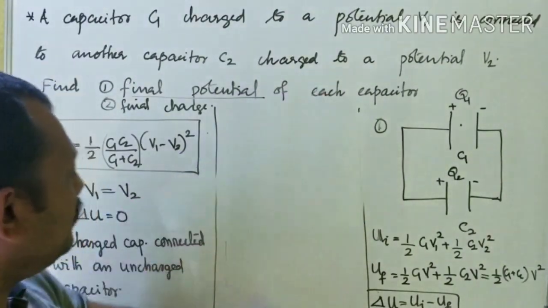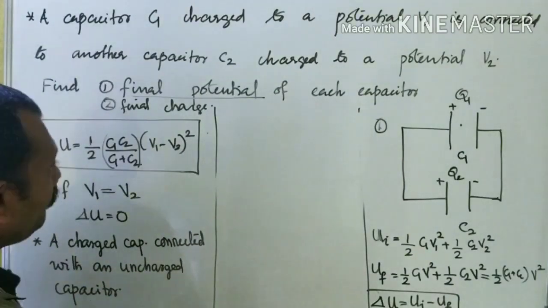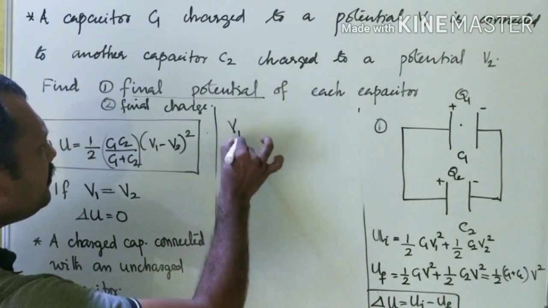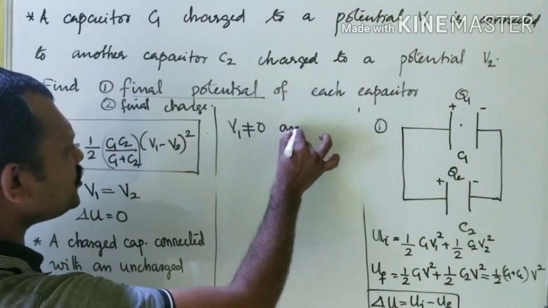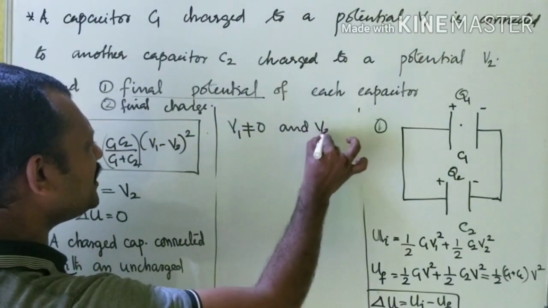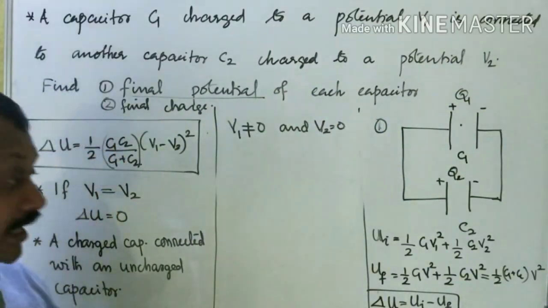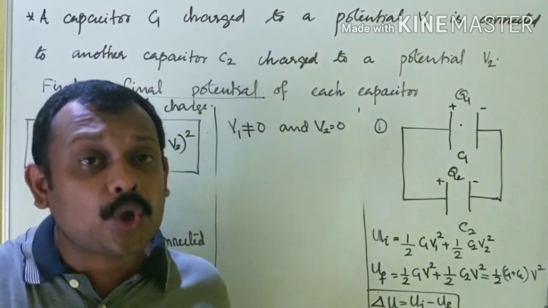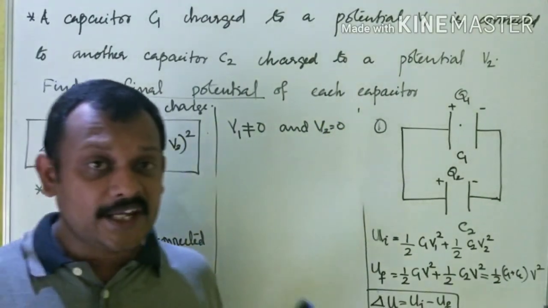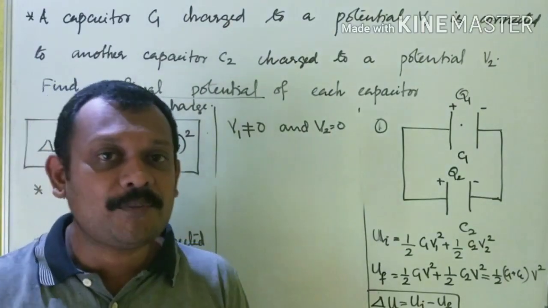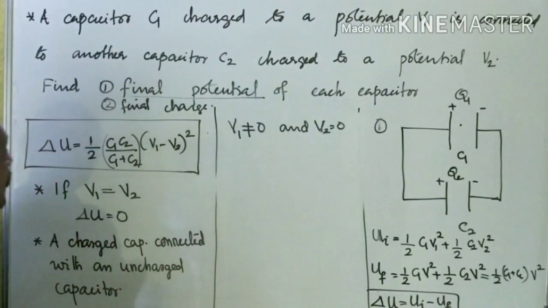It means V1 is not equal to 0 and V2 is equal to 0. Uncharged capacitor means there is no charge, or no potential difference between the plates. So V1 is not equal to 0 and V2 is equal to 0.